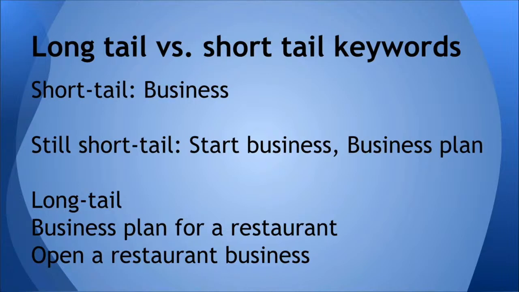So what happens is, because usually in the beginning you can't compete against the best, you go for longer keywords that have less competition around them. So for example, the example I have here is start business or business plan or business ideas, or keywords like that that are still common and popular, but they're not as difficult to rank for.